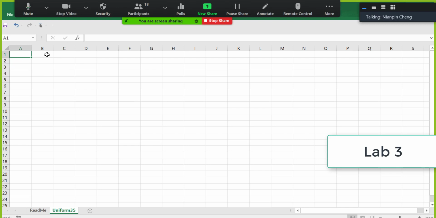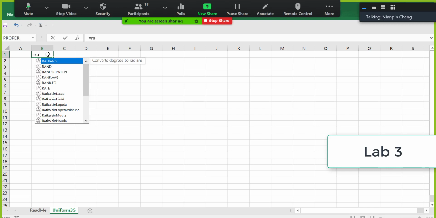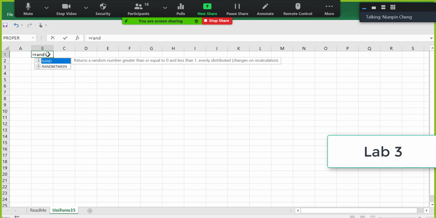So for example, how do we do that? Just generate a random sample. There is a formula in Excel that generates a random number between 0 and 1.